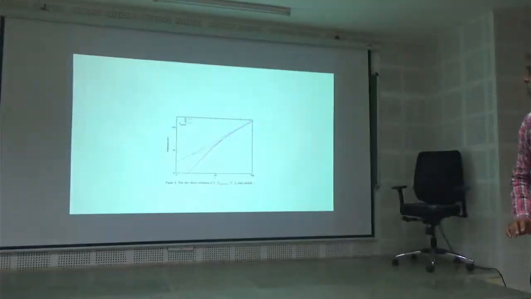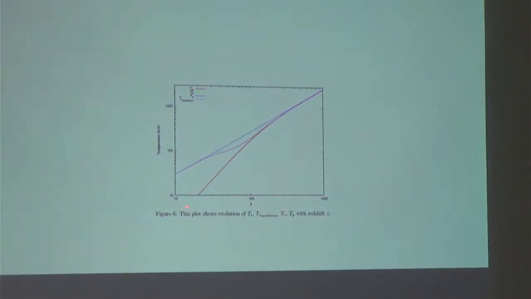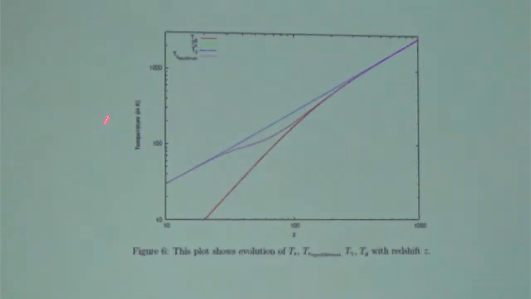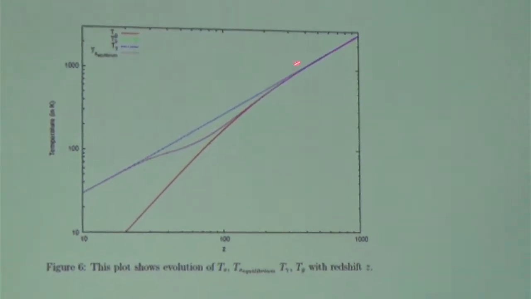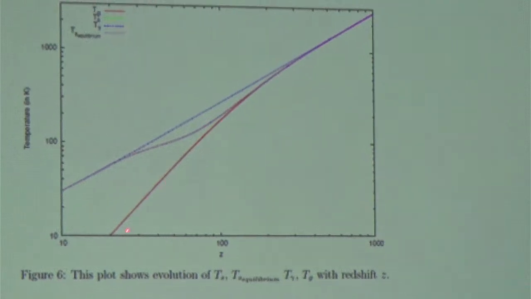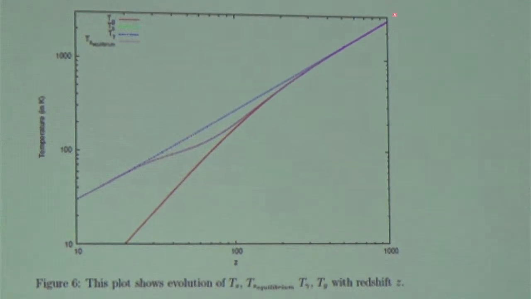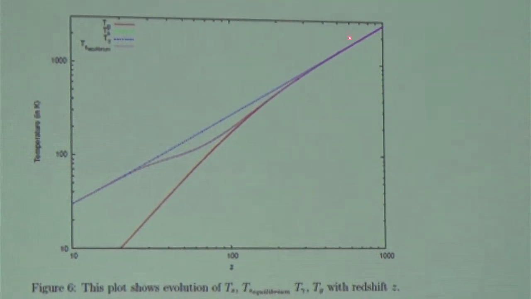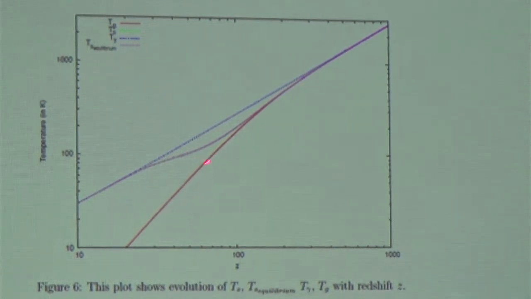Yes. See, this is the x-axis and the y-axis is temperature. This blue straight line is CMBR temperature, and this red line, you see initially, let's say 1000, it remains the same as the CMBR temperature up to let's say 300, and then again it falls because the term is efficient only at lower density.